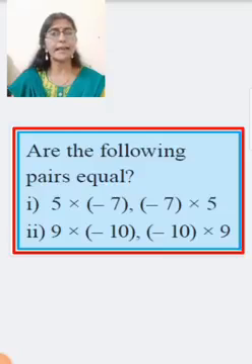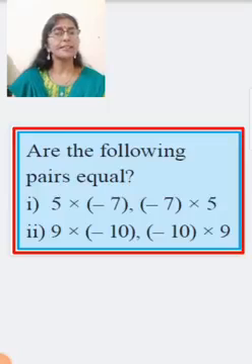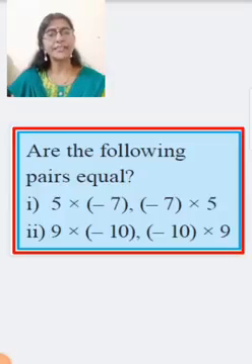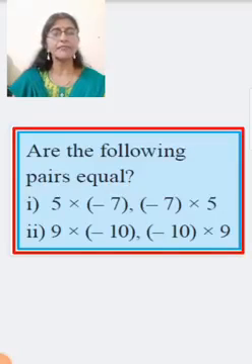In the second example, 9 multiplied by minus 10 is plus multiplied by minus, you know already it is minus, and 9 10s are 90. Now in the other example, if you change the order, if you write minus 10 first and then 9, minus 10 multiplied by 9, you will get 10 nines are 90, and minus multiplied by plus is minus.